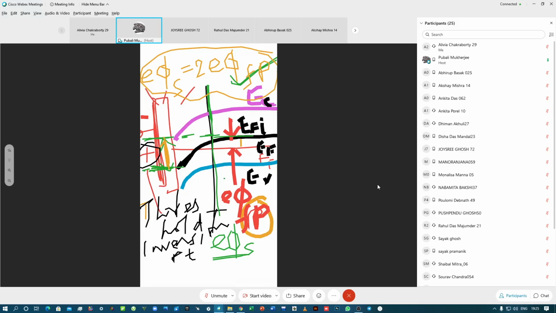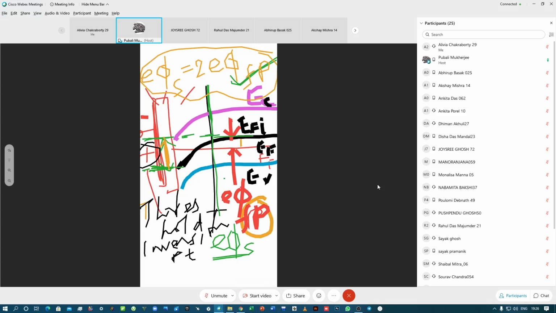So in order to achieve the condition that E phi s is equal to twice E phi fp, where E phi fp is the distance between the intrinsic Fermi level and extrinsic Fermi level in the bulk material, and E phi s is the surface potential, the distance between the intrinsic Fermi level in the bulk material and the intrinsic Fermi level at the oxide semiconductor interface.